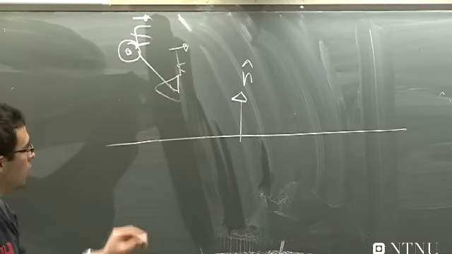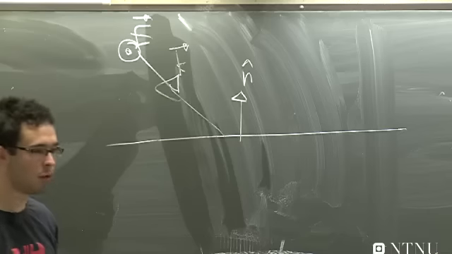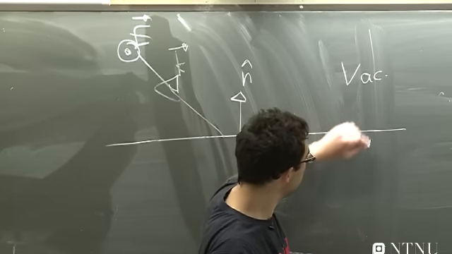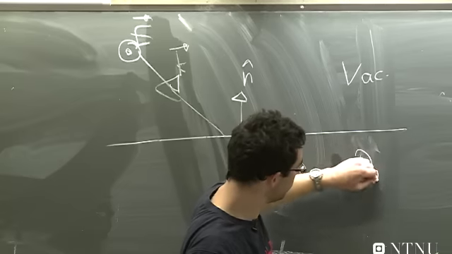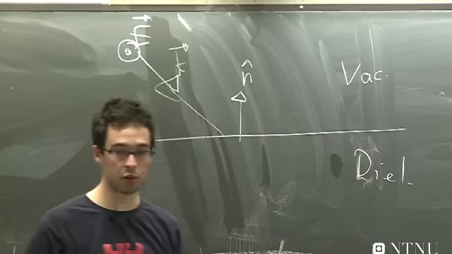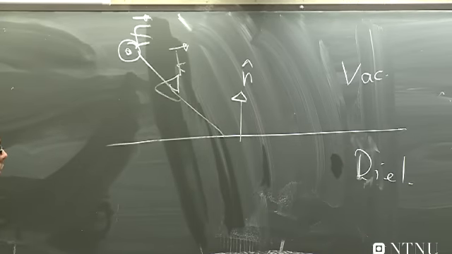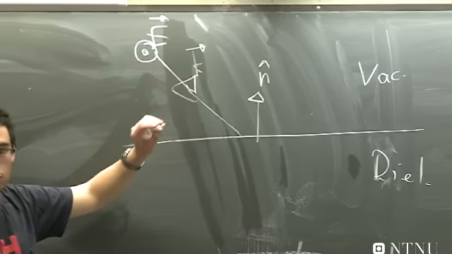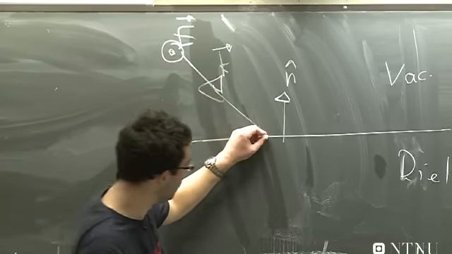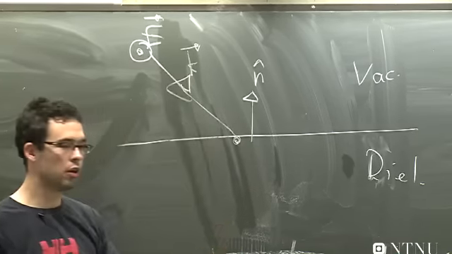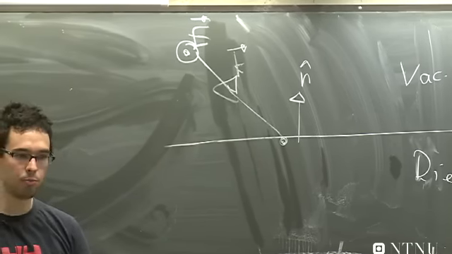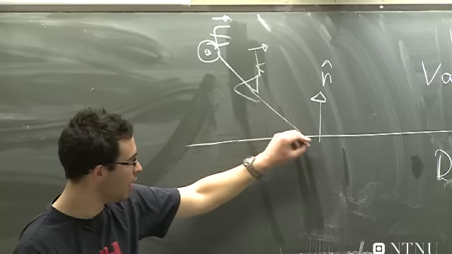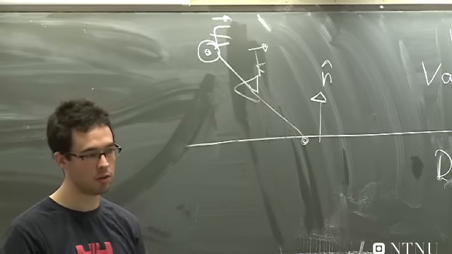Like this, and now when the light comes down to the surface, let's say this is vacuum, and this is some dielectric, let's say a glass surface, to take something familiar, then the electric field is oscillating like this with respect to time and space. And when it hits the surface, it starts to polarize the material locally. So it starts shaking the electrons back and forth out of the plane of incidence, right?